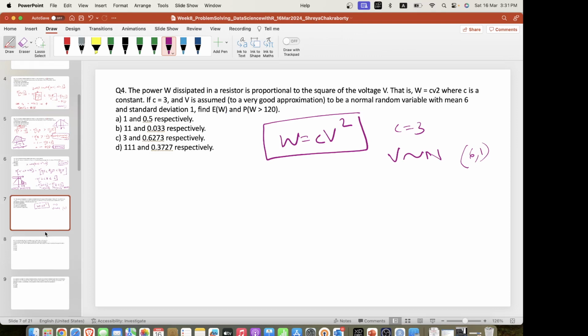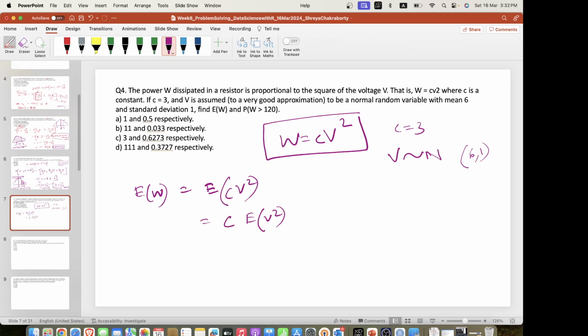Alright. Expectation of W will be equal to expectation of C V square. So that will be C times expectation of V square.